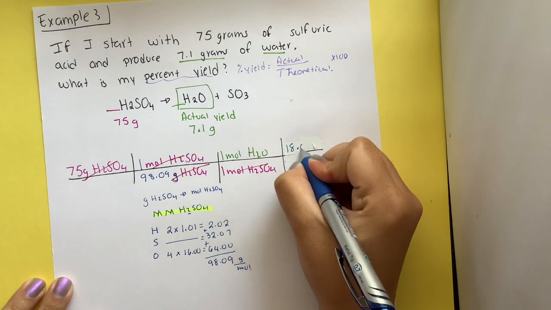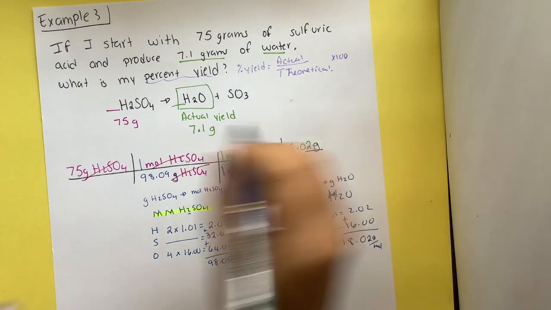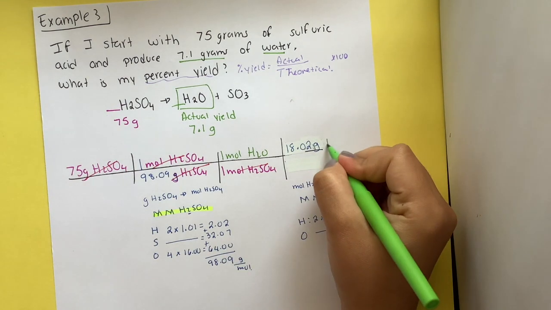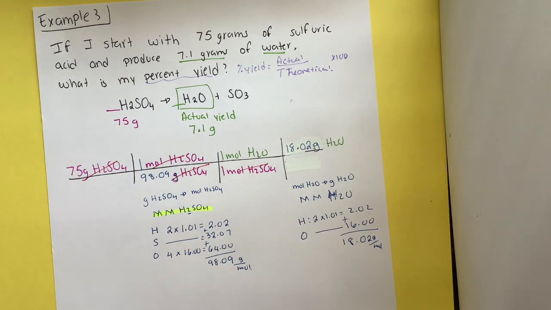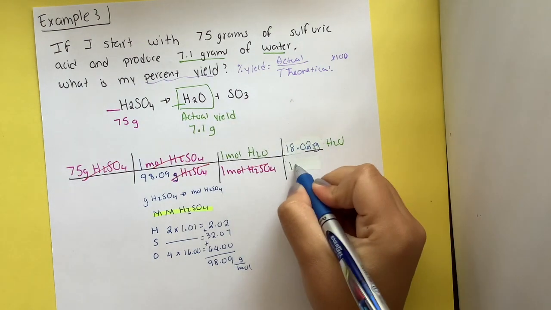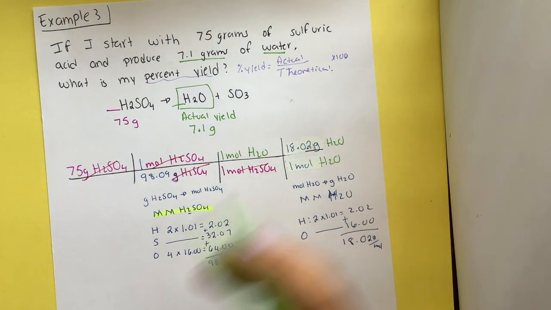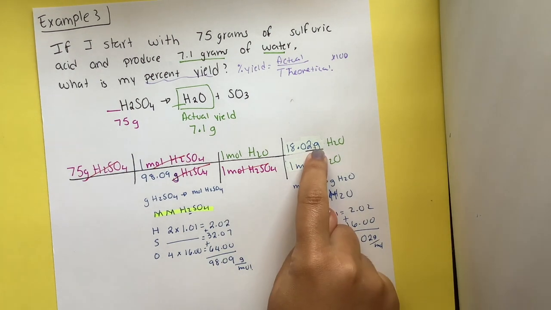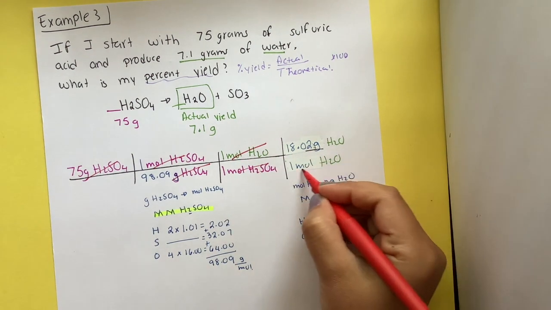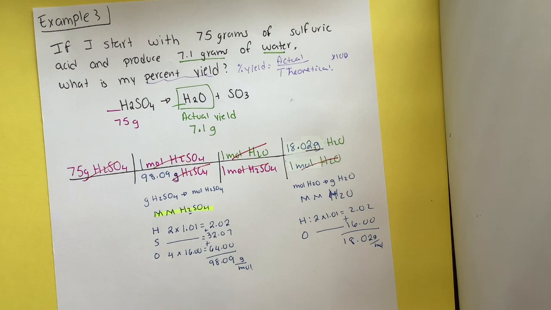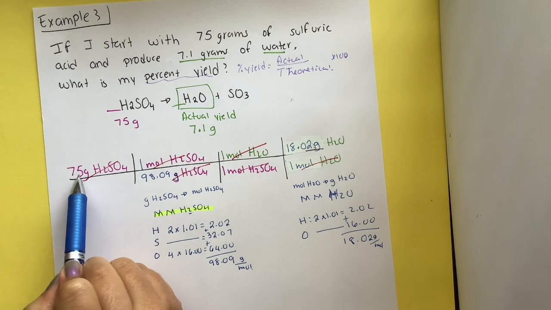So 18.02 grams of H2O for every 1 mole of H2O. And the reason that we put the grams in the top is, remember, so that moles of water and moles of water cancel each other out. So now what we're gonna do is we're gonna get our calculator and we're gonna get 75.